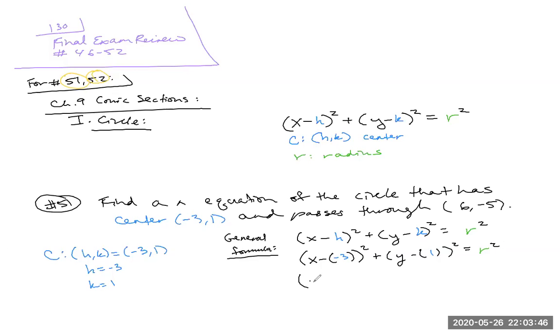So we have (x plus 3) squared plus (y minus 1) squared equals r squared. We've covered the part where the center comes into play. Now we don't have our r value yet, right? So let's keep that color coded.